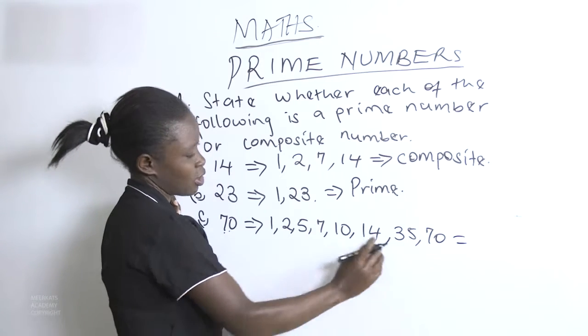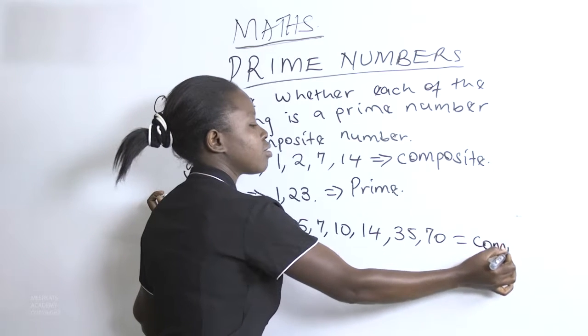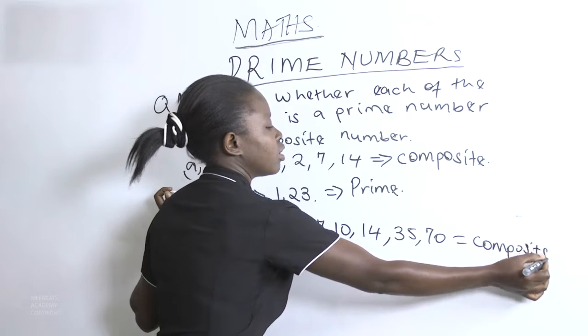So we find that this one has very many factors, and since it has so many factors, it is a composite number.